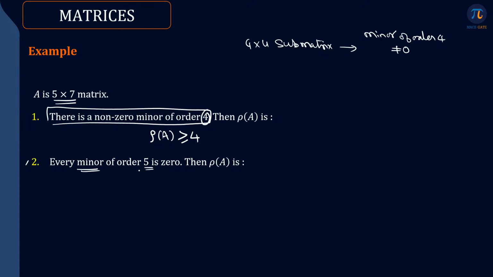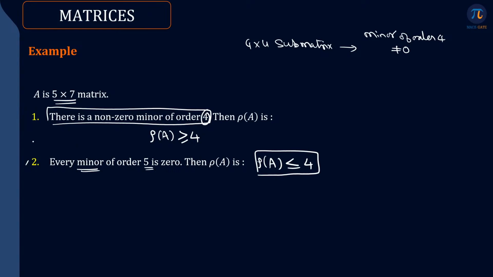In this case, every minor of order 5 is 0, so rank is less than 5. 4 also I cannot guarantee, because I only said minors of order 5 are all 0. I don't know about minors of order 4. I have to check them. Suppose there is a non-zero minor of order 4, then rank will be 4. So from this you can only say rank is less than or equal to 4.